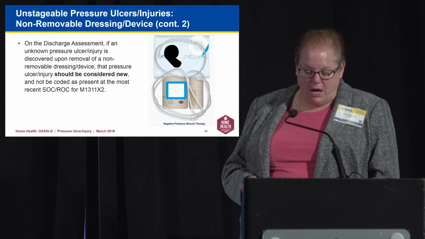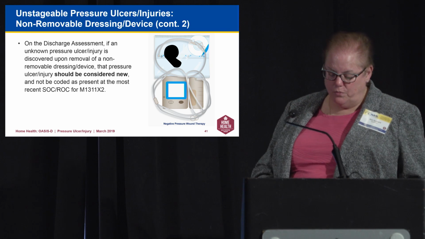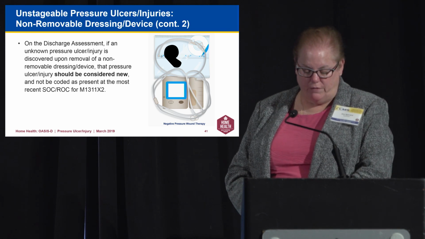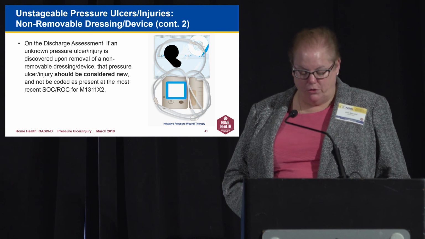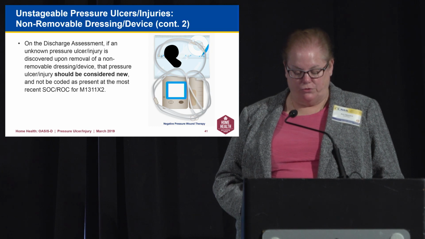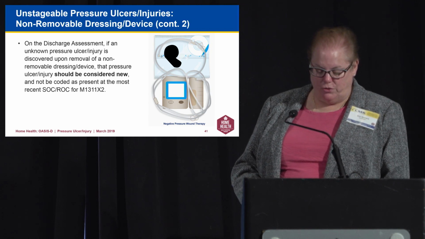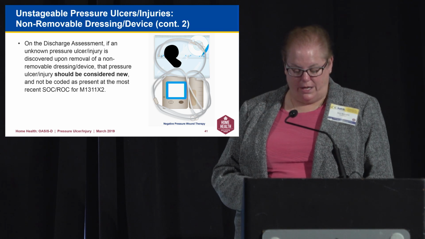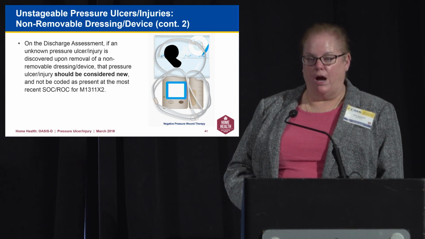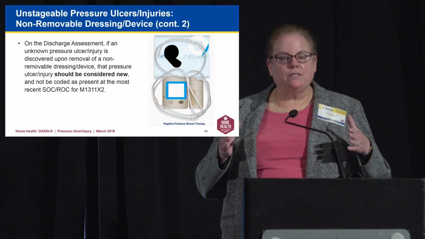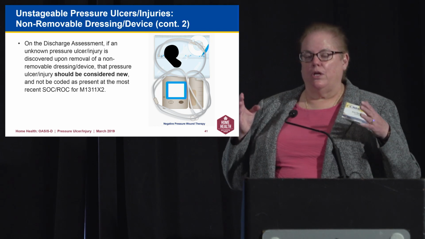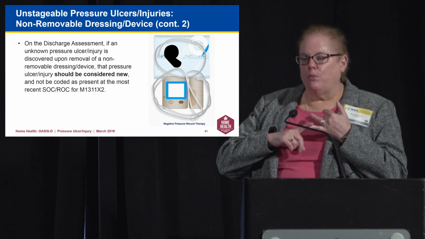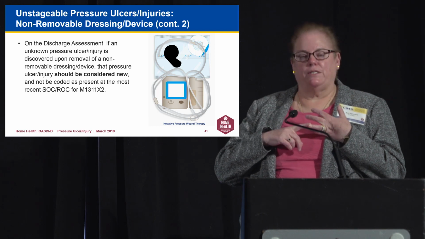So on the discharge assessment, if an unknown pressure ulcer or injury is discovered upon removing a non-removable dressing or device, that pressure ulcer or injury should be considered new and not be coded as present upon the SOC/ROC. So what are we saying here? In this situation, we looked through the paperwork, we talked to maybe the previous setting.